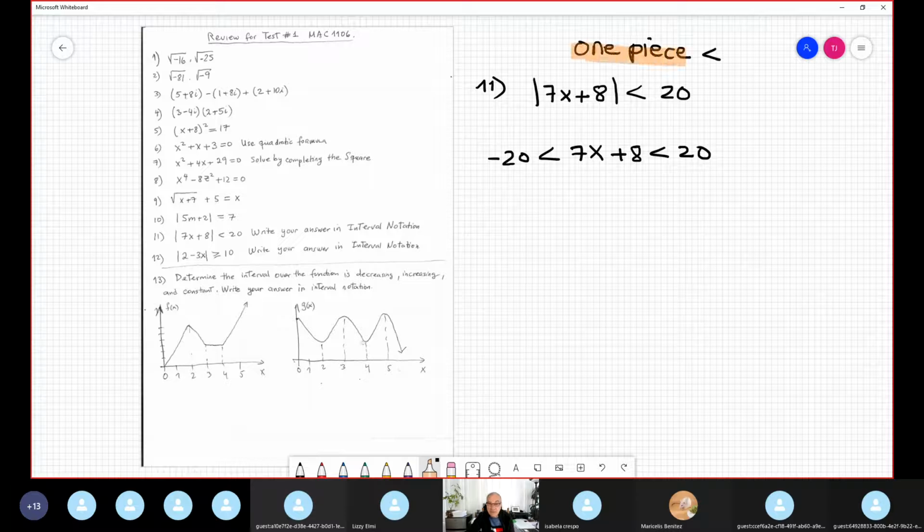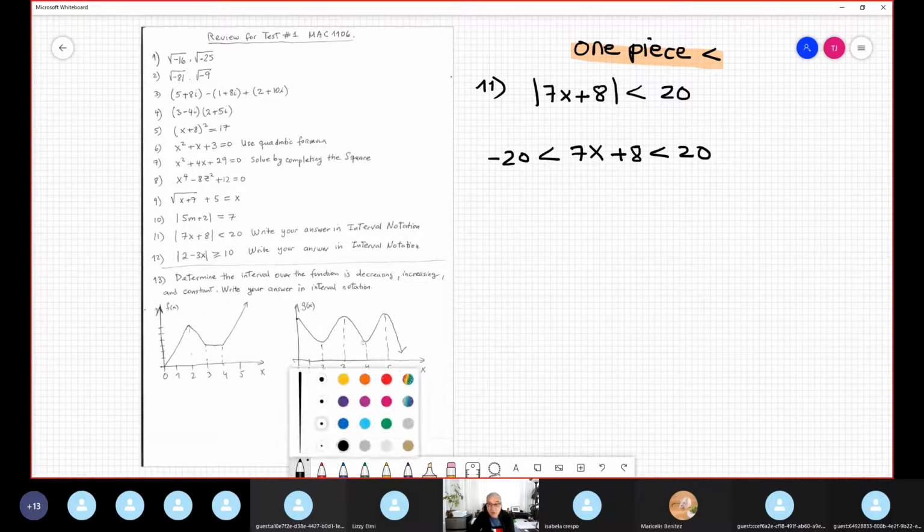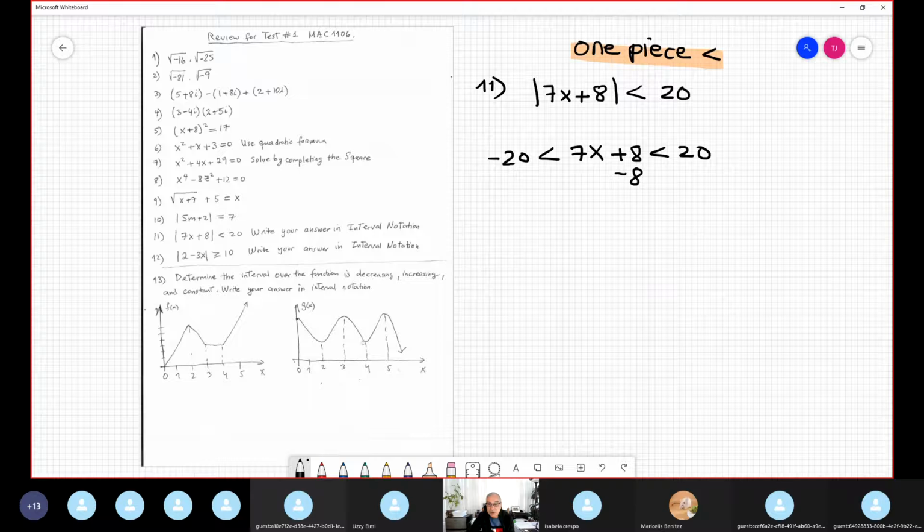The classical mistake I see every day, the student is confused. Less than, 1 piece. If I see 2 pieces in the solution, 0 for you. Well, so you subtract 8 because my goal is to solve for x.